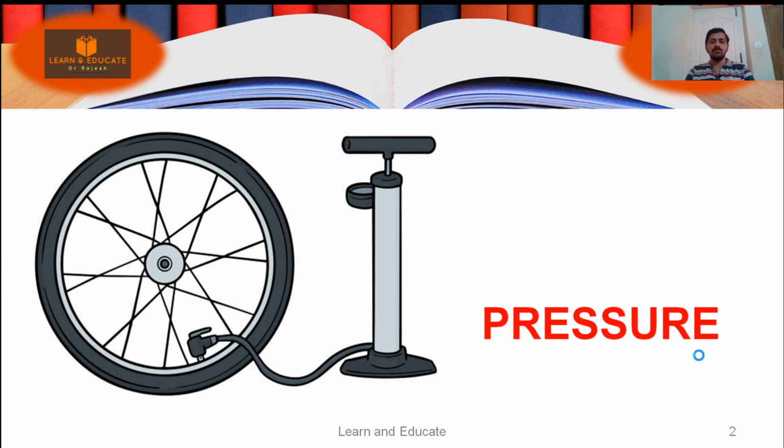In your childhood days you used to pressurize your bicycle tire using a hand pump, right? You are pressurizing the air filled in the cylinder of the hand pump using that handle, into the tire through the valve, isn't it? So let us discuss pressure from a thermodynamic point of view in the following slides.